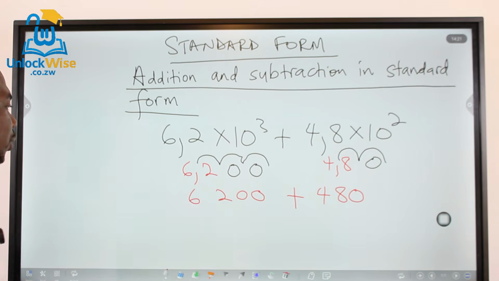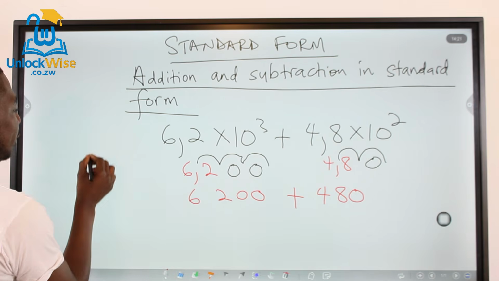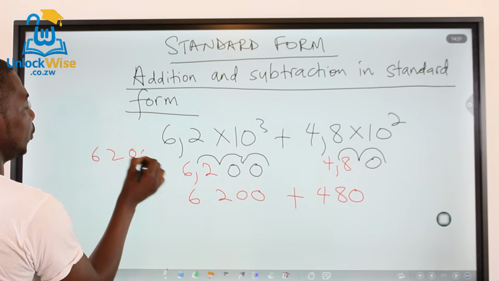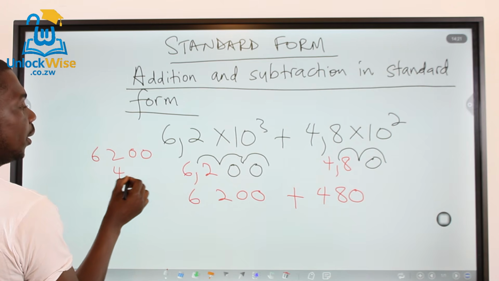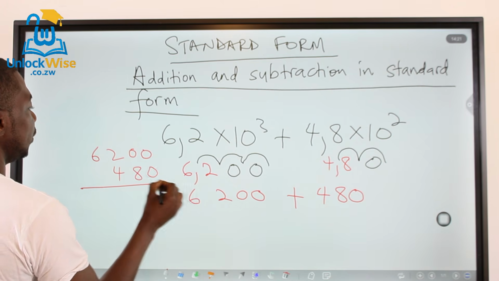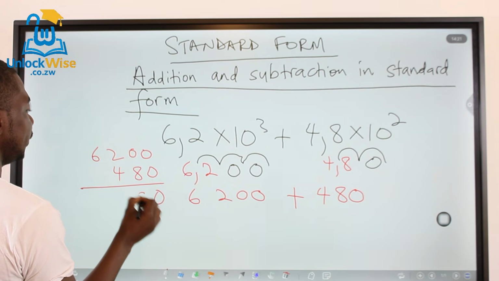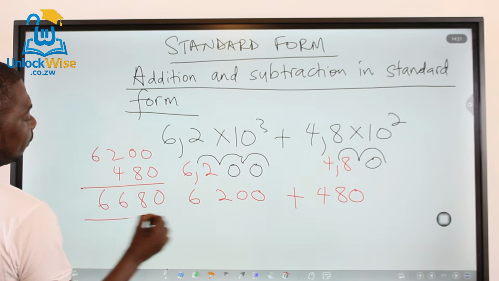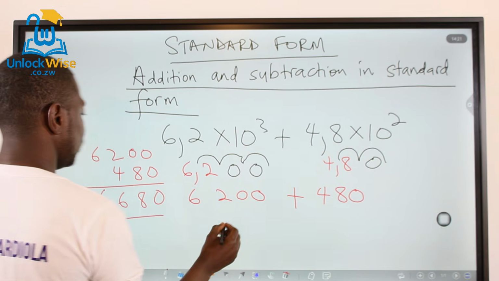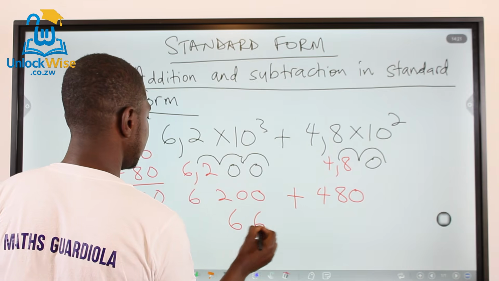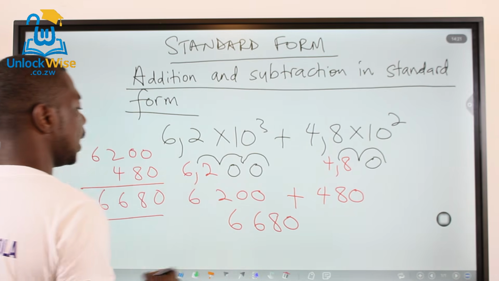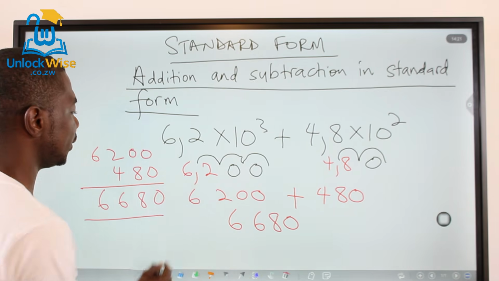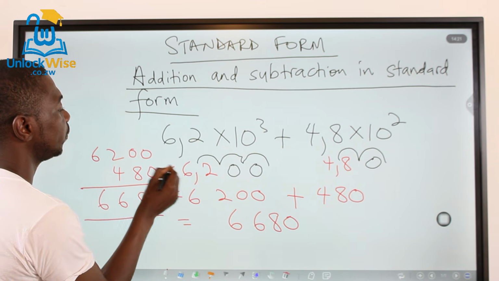Now, if you add these two, we are going to have 6,200 and 480. This will give us 6,680 as our answer, and we convert this back to standard form.